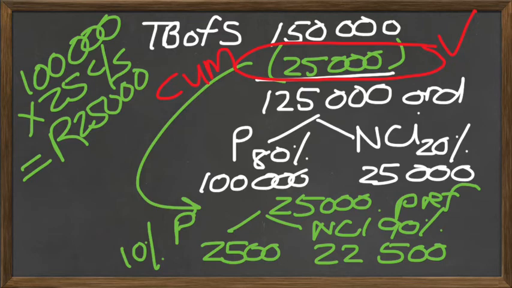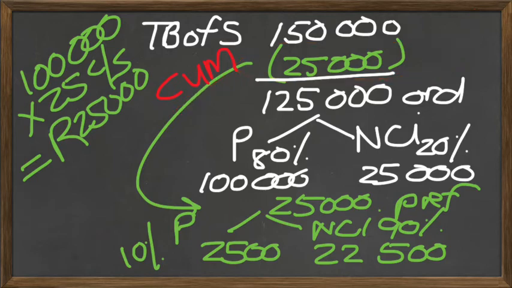I'm not dealing with the actual dividend declared yet. If it's a cumulative preference shareholder, you will exclude that 25,000 Rand from the profit for purposes of attributing to your equity participants every year, because your cumulative preference shareholders are entitled to that annual preference dividend regardless of whether it's declared or not.